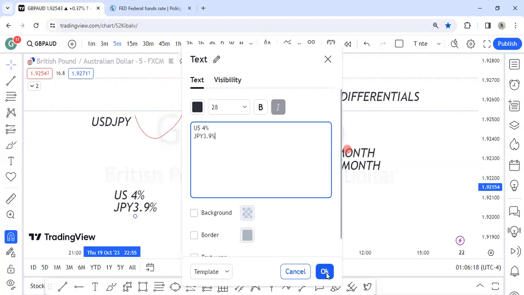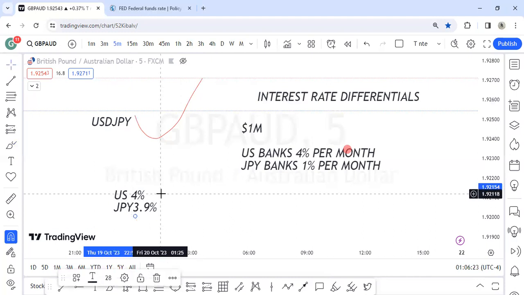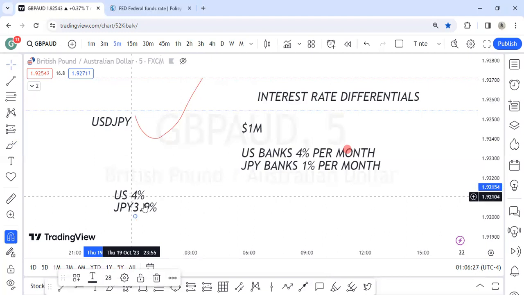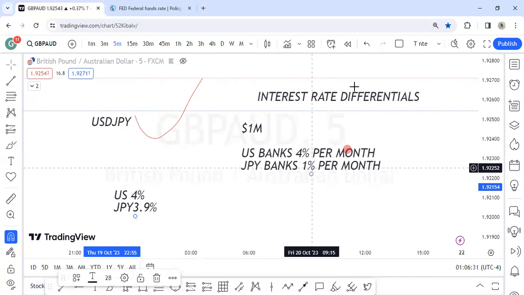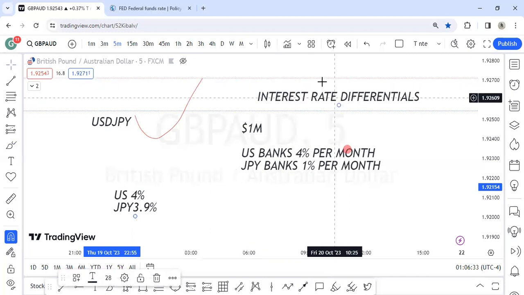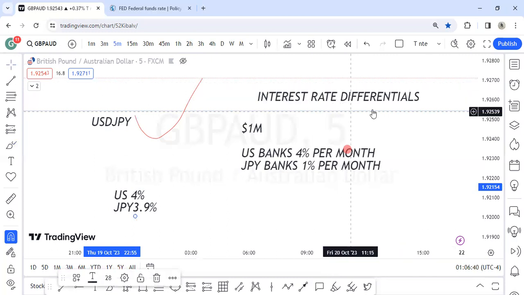So you want to trade pairs when the interest rates are very different, so you can project what the market should do in the long term. Because if the interest rate between the US and JPY is almost the same, there's nothing to project. So you want to be trading when the interest rates have a positive or sharp negative differential. I want to see that the difference is big, right? I want to see that the difference is big.